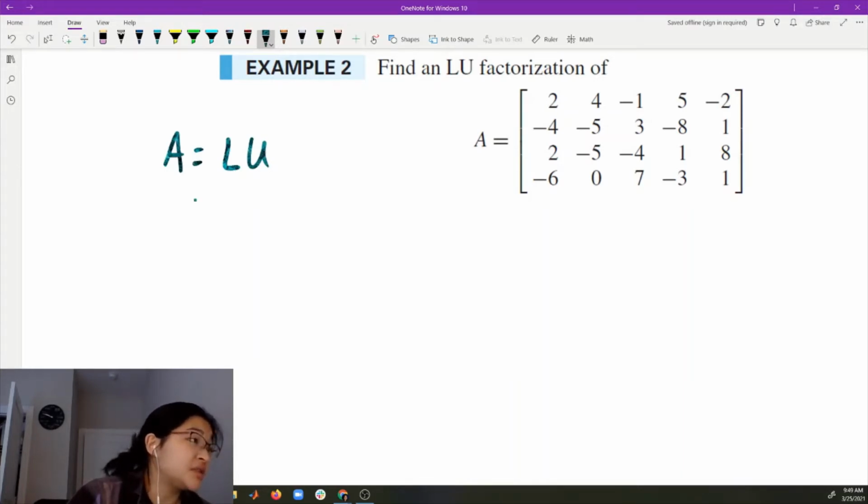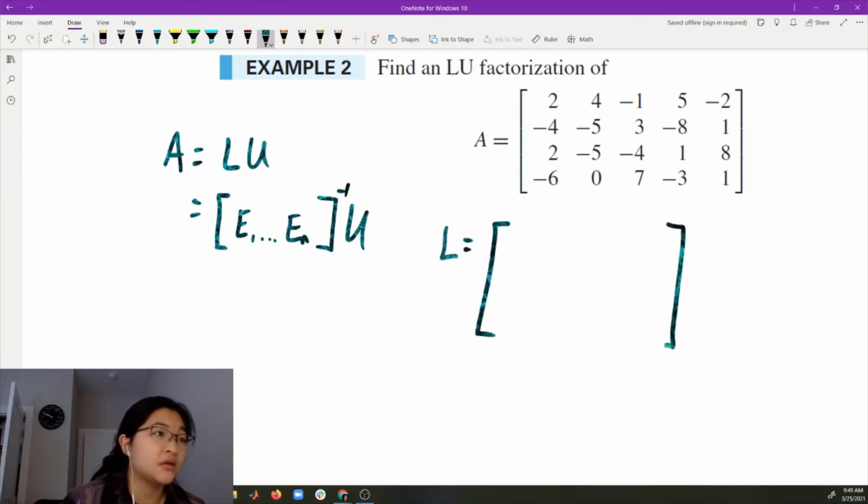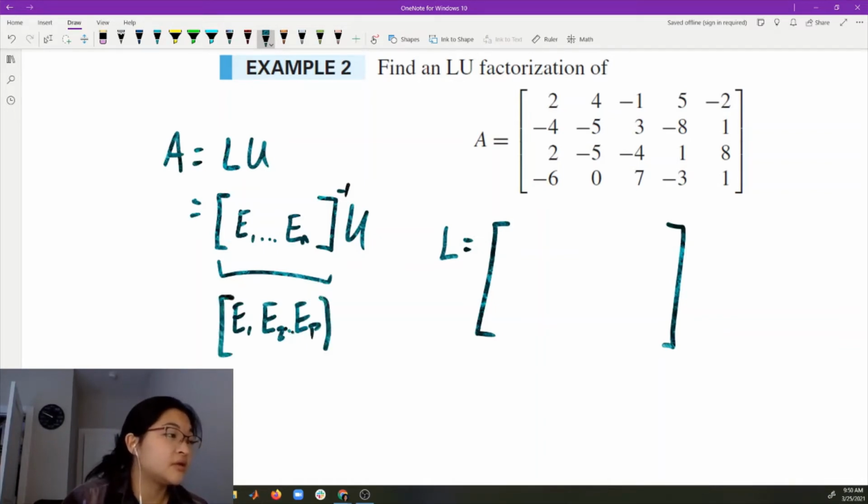Well, this L is going to be the inverse of all of our elementary row operations, however many we need, times our U in order to get back our A. So L is going to be inverses of elementary operations, and also the product of our elementary operations, however many we need, multiplied by our L has to give us our identity matrix.